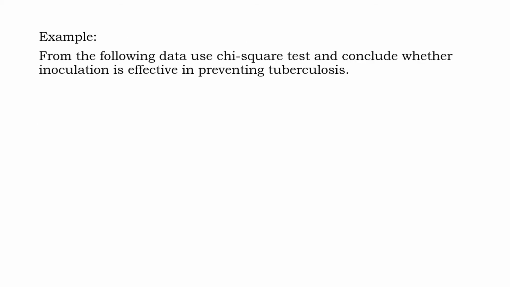So we'll move on to an example. From the following data, use the chi-square test and conclude whether inoculation is effective in preventing tuberculosis. This is the question. Inoculation is nothing but preventive vaccination, and the question is whether this vaccination is helpful to prevent tuberculosis. So the two attributes in this are inoculation and attack of tuberculosis.